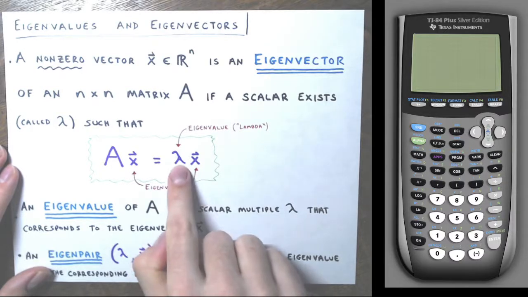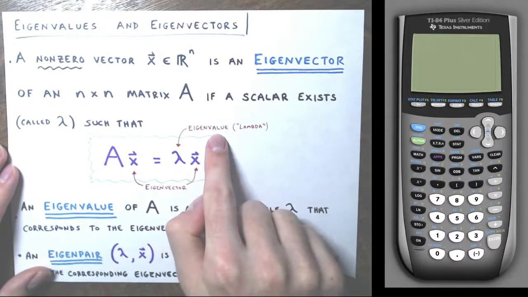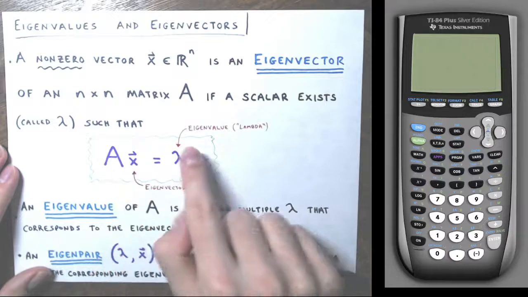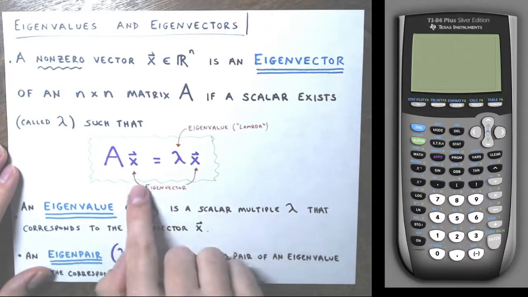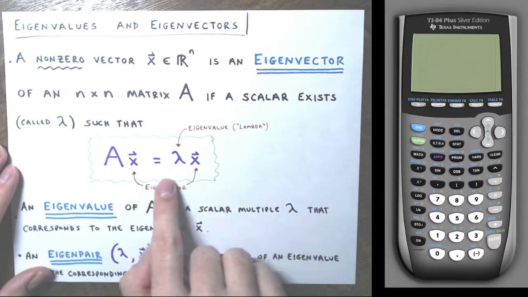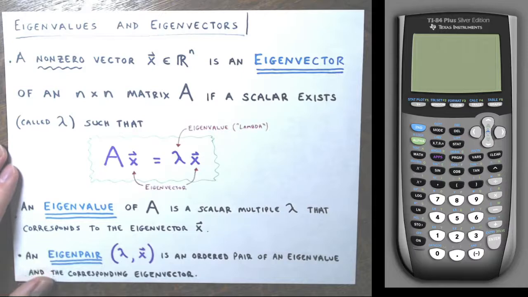Again, this is a number here, lambda. It's called the eigenvalue of A, corresponding to eigenvector x, a vector x on both sides. An eigenvalue of A is a scalar multiple lambda that corresponds to the eigenvector x.